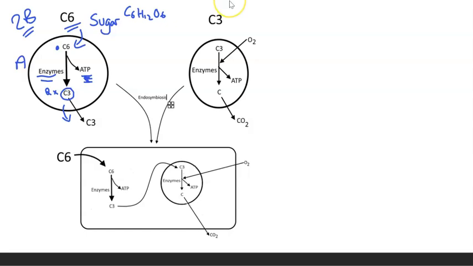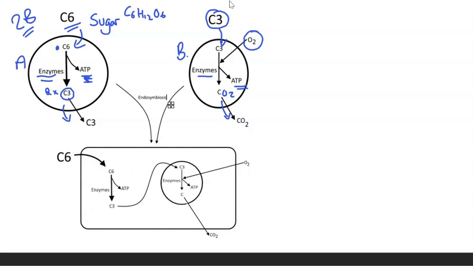In the same environment, there's another cell, let's call this one B, and it takes C3 sugars into its cytoplasm, uses an enzyme system to gradually break those down to single carbon structures, carbon dioxide, and of course it will then excrete that as a toxic waste. But in this process, which is enhanced by consuming oxygen, it makes a great deal of ATP.